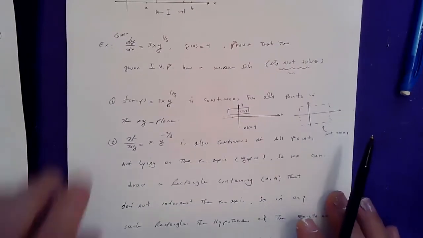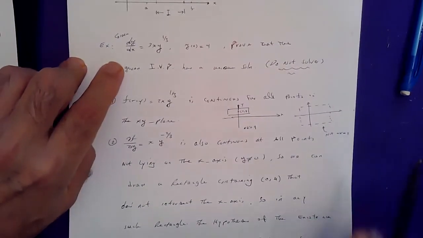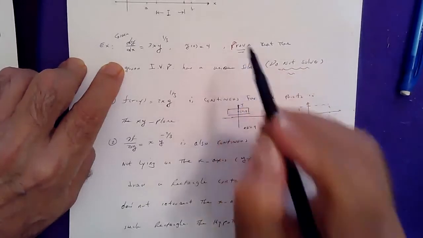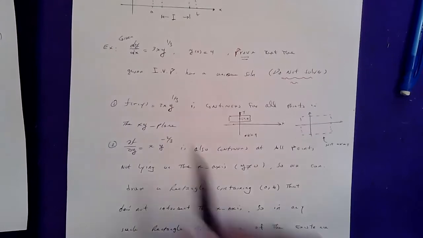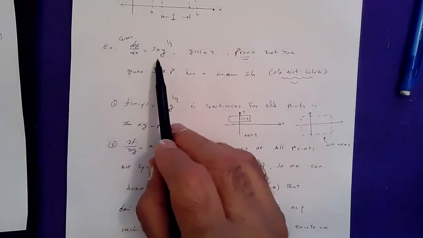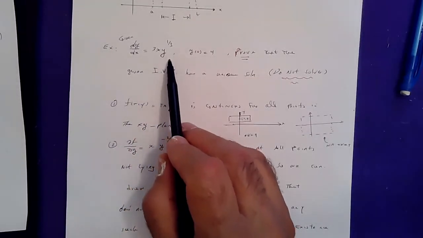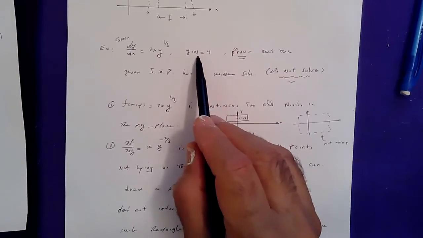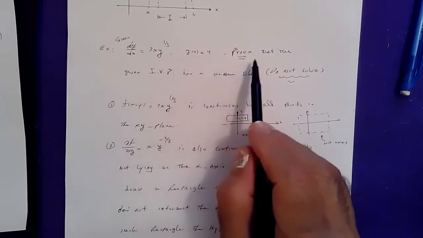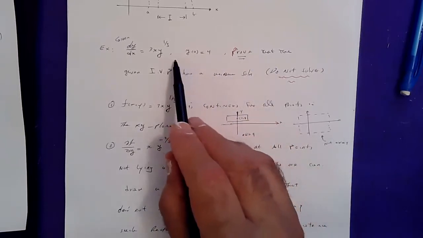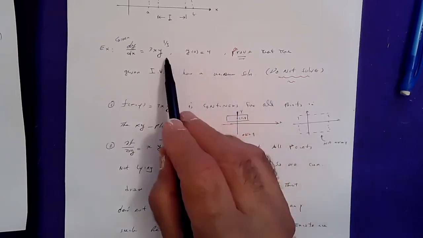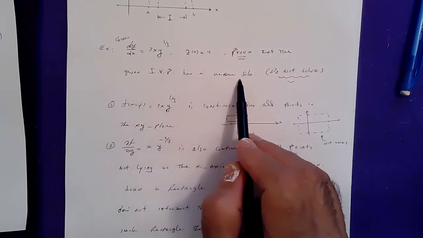So with that in mind, let's see if we can prove something. Notice for the first time, we're trying to prove something, not compute something. Given this differential equation, dy/dx equals 3x y to the power of 1/3, subject to y of 0 equals 4, the question is, can you prove that this differential equation has a unique solution?